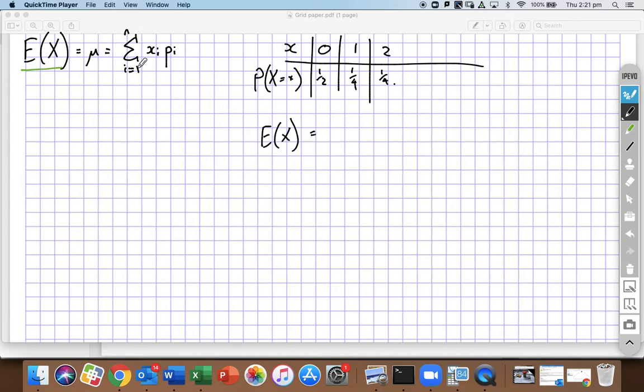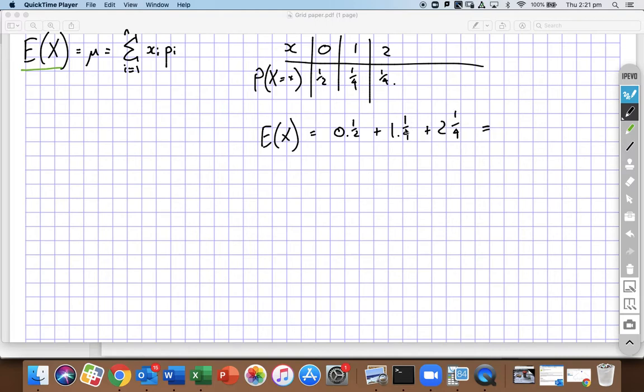From here we've got the first value through to the third value. And that would look like this. We'd have 0 times a half plus 1 times a quarter plus 2 times a quarter.